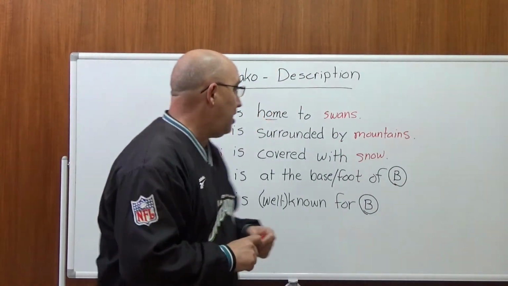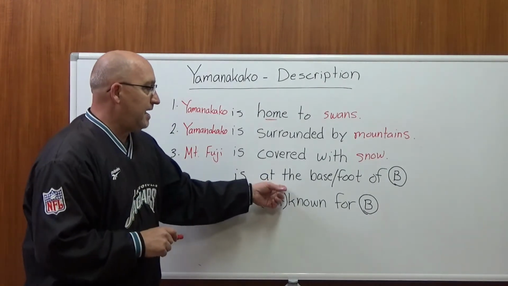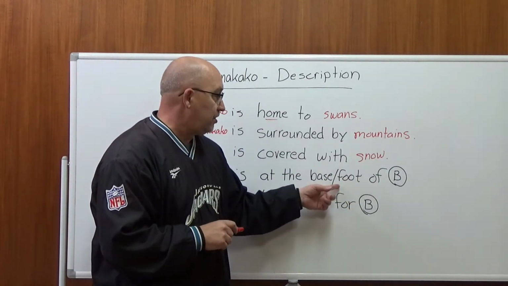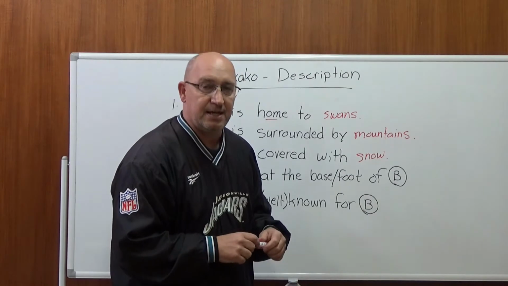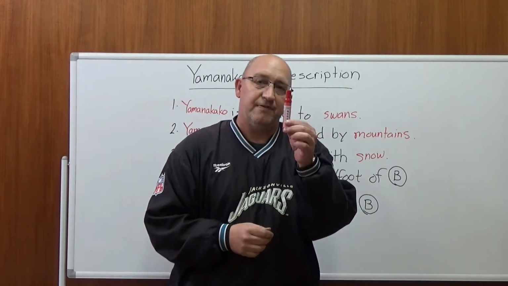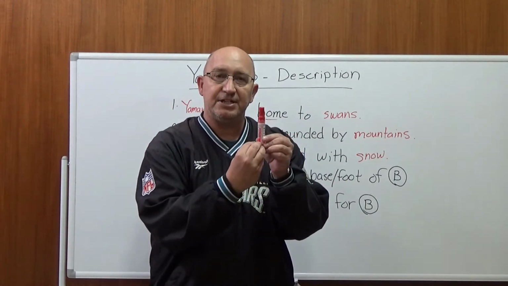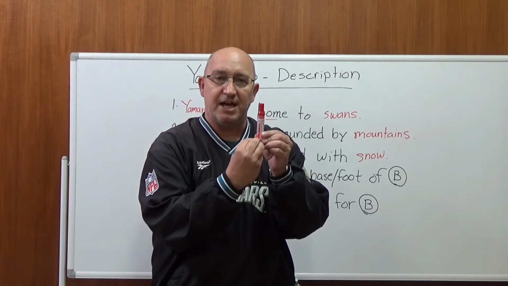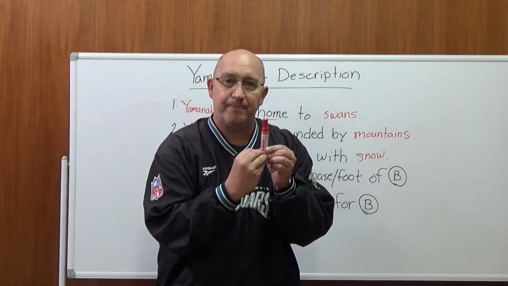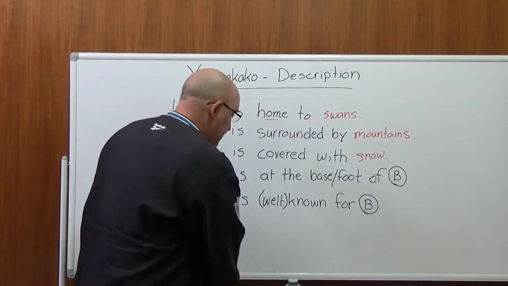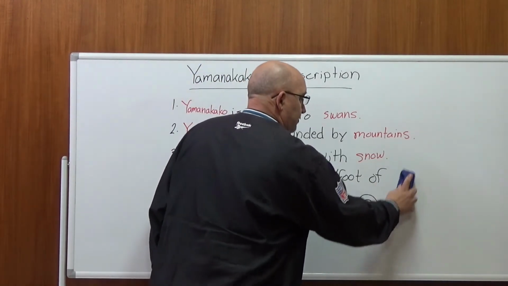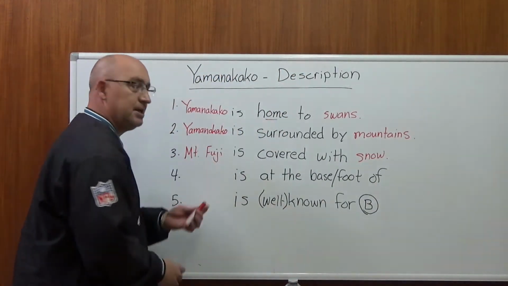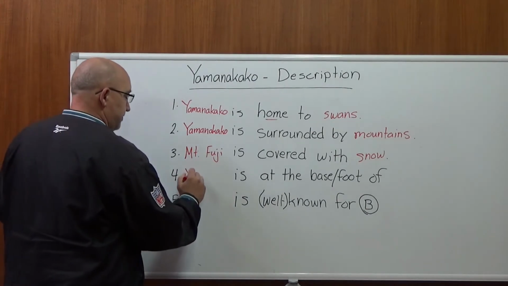Our fourth idea, at the base of or at the foot of. So, for example, at the base or at the foot means, of course, at the bottom. Now, maybe for A, let's talk about Yamanakako.